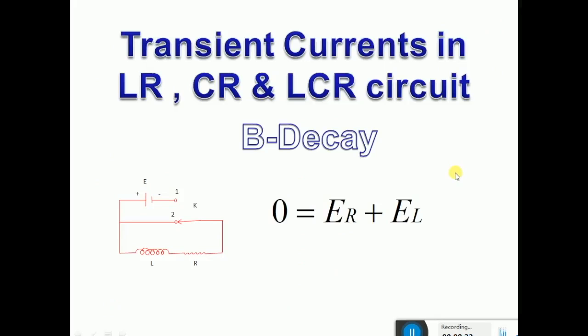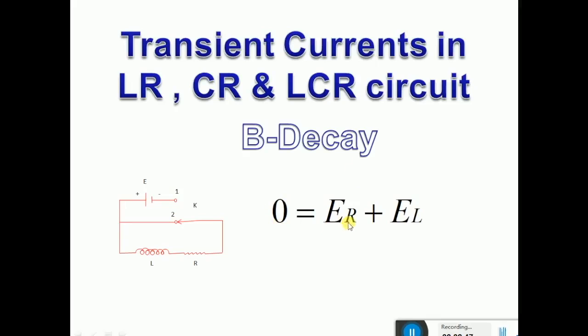Now we shall consider the decay of current. Under the situation when steady state current is flowing in the circuit, we flip the switch from position number 1 to position number 2, and this is the time where our experiment begins, and at this moment the current in the circuit was I0. Now applying Kirchhoff's voltage law, battery voltage is 0.